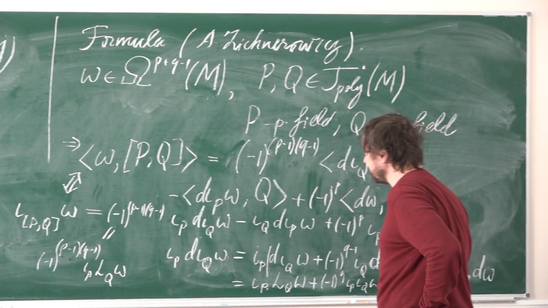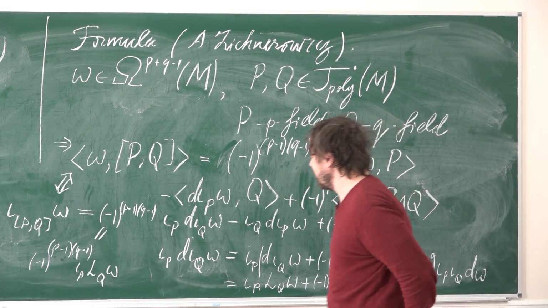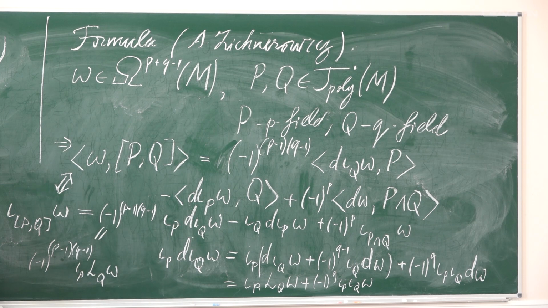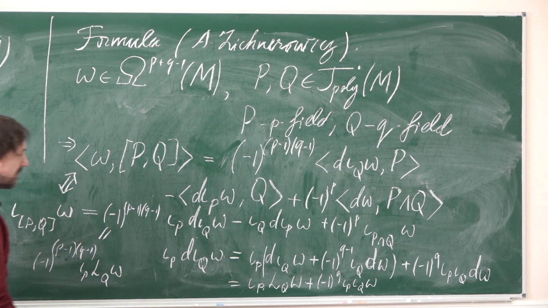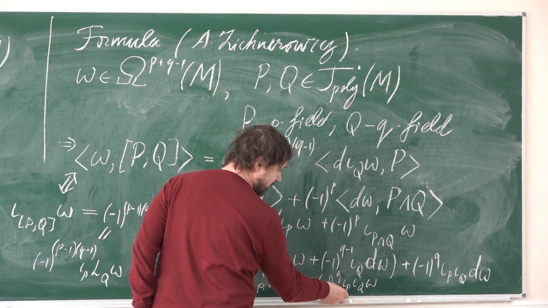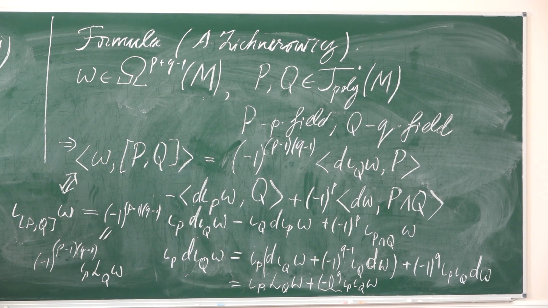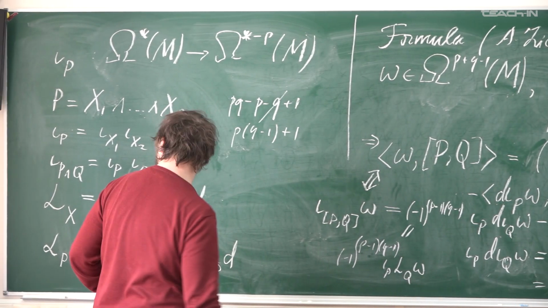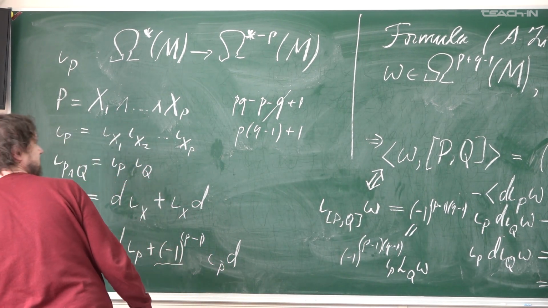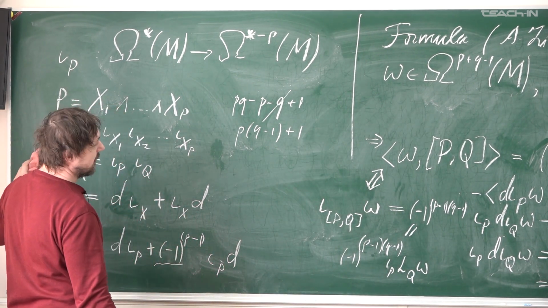So in any case, I'm not sure about the signs. I'll restore the signs in some particular cases where the signs are easy to compute. But this is more or less just a guess. Please check it.